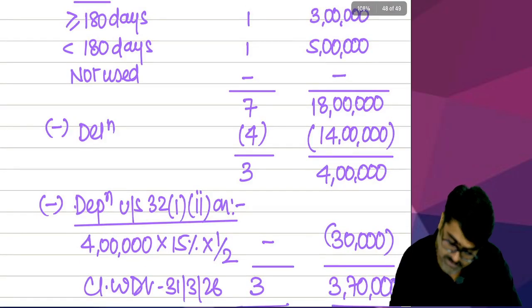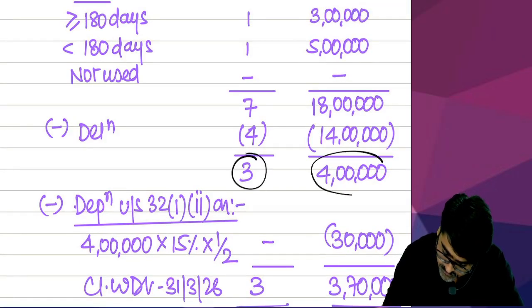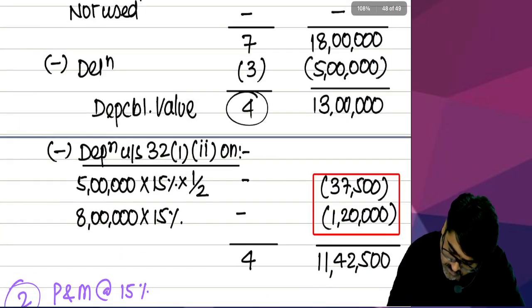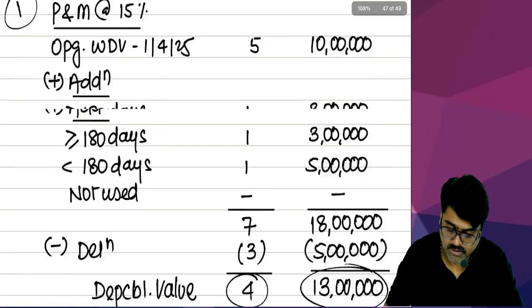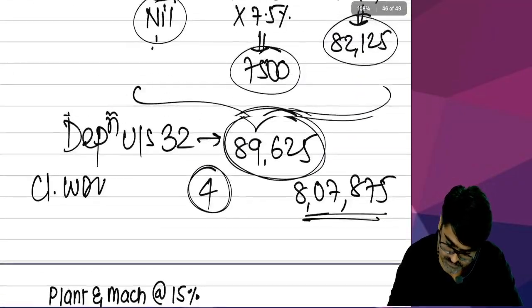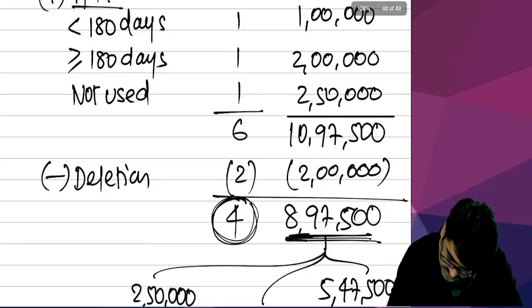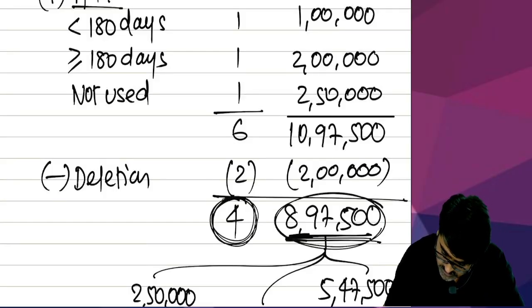Why did you calculate depreciation? Asset is also there, value is also there. Here also, asset is also there, value is also there.